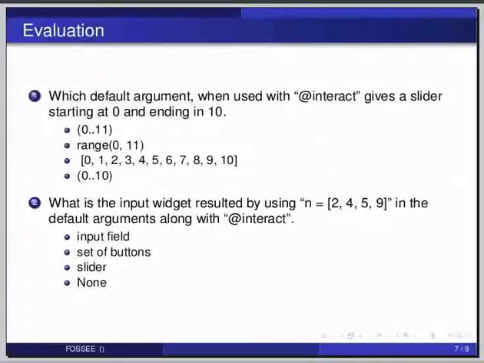Second question, what is the input widget resulting from using n = [2, 4, 5, 9] as the default argument along with @interact? Options are input field, set of buttons, slider, none.